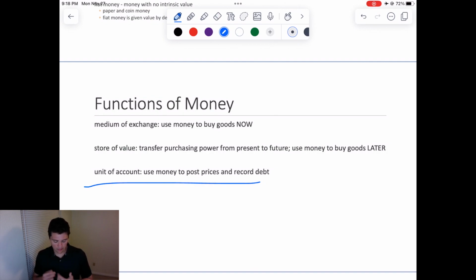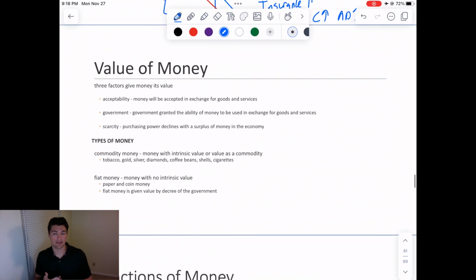So money gets its value from being accepted by the government and from being scarce. We can use it for different things. Remember fiat money. What's the value of fiat money? Zero. Money with no intrinsic value. Things like gold and silver have a value to them, but paper money has no value.